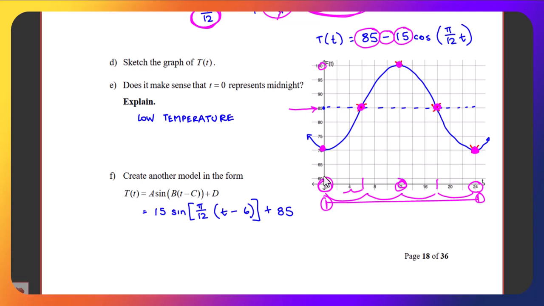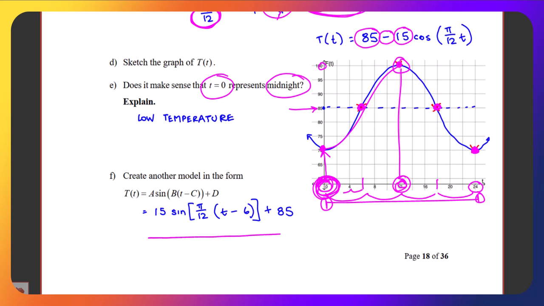So 0, if it's midnight, is here. And yeah, at midnight, it's possibly the coldest, give or take a few hours, because it's the middle of the night there. Let's see, what's that? 12. Well, 12 noon, the highest, give or take, depending on the region and weather.